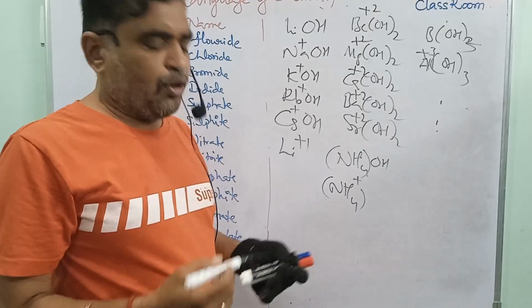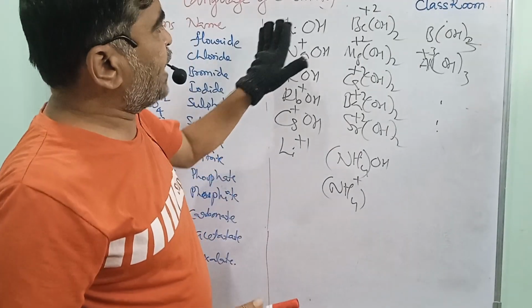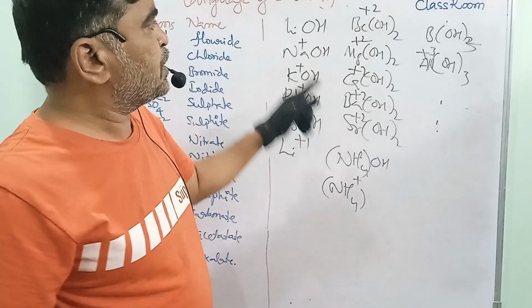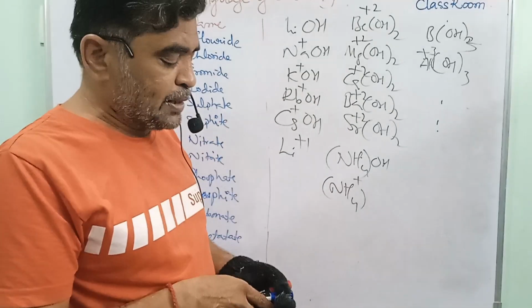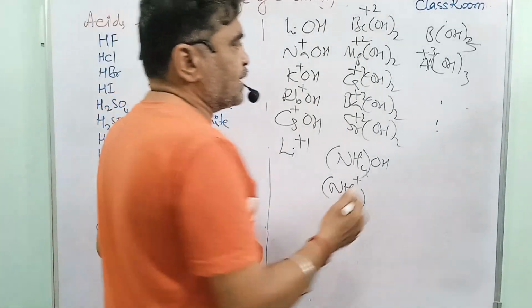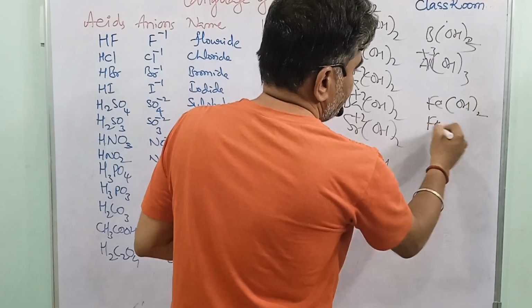So like that, we are forming the cations and anions. The cations are from the bases. So the first group elements, second group elements, third group elements, and d-block elements. For example, iron: you have iron hydroxide.